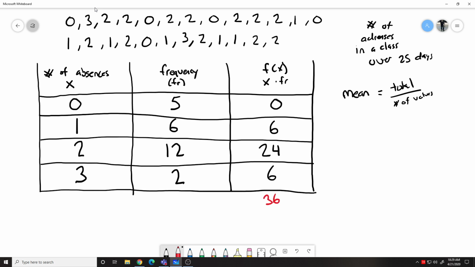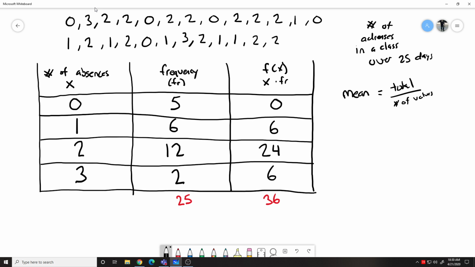If I total up this column, 6 and 5 are 11. 11 and 12 are 23. 23 and 2 are 25. Now, just take a second to think about what these totals represent. This column represents how many times these numbers happen. Like 1 happens 6 times, 2 happens 12 times, and so on.